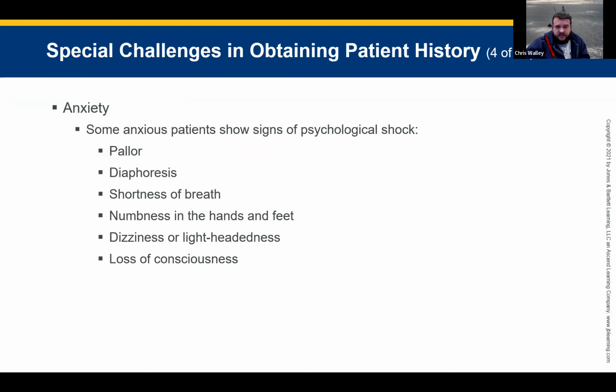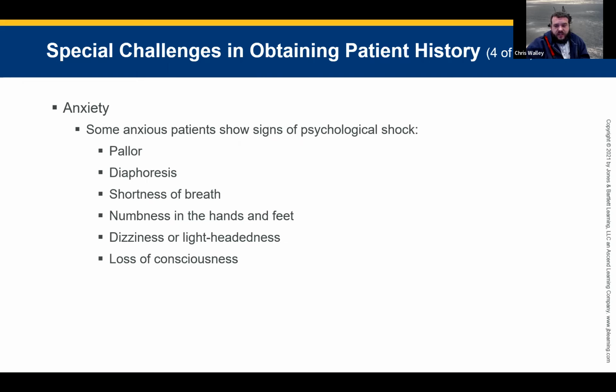Anxiety: consider the context of the situation and recognize that the observed anxiety may be signs of a serious underlying medical condition. Frequently, anxious patients can be observed in emergency scenes that involve a large number of patients, such as a disaster.